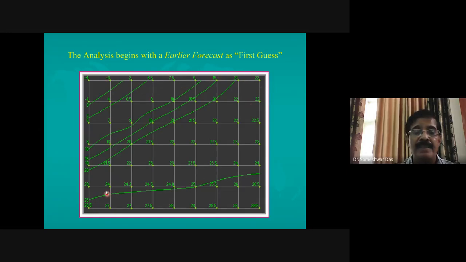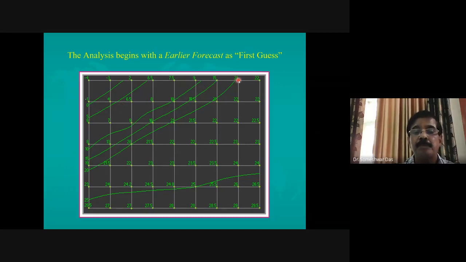You have the temperature field at all the grid points, ranging from -3, -4, even up to 22, 23, 24, 27, 28, 29 and so on. Let us assume that these are the temperature values at different grid points of your domain obtained from your first guess, that means the 6-hour forecast of the model from the previous time.